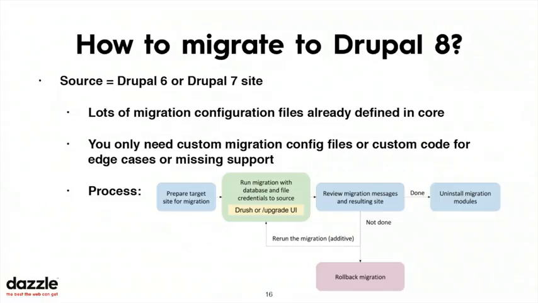Also, it depends how much you want to migrate your site one-on-one to Drupal 8, or if you want to re-architect things. But basically the process should go like this: you prepare your website for migration. Make sure to enable all modules in Drupal 8 that are enabled in your source, at least the ones you want to migrate over.